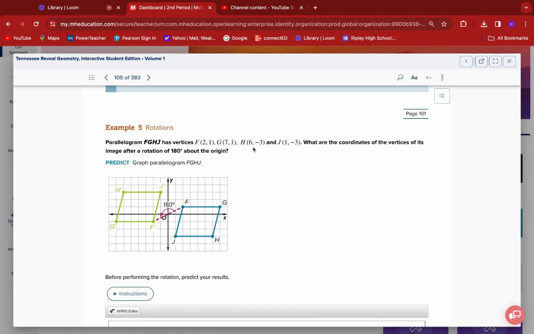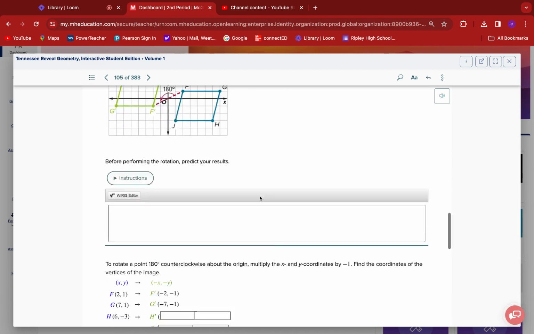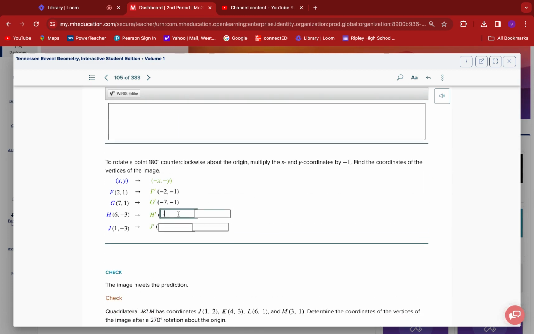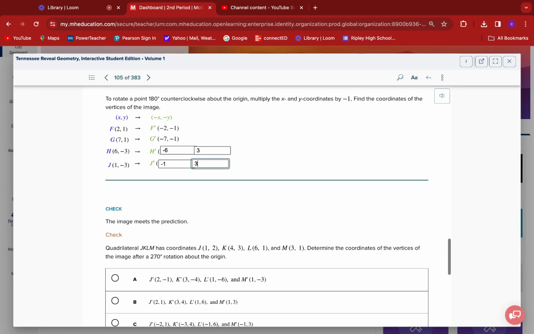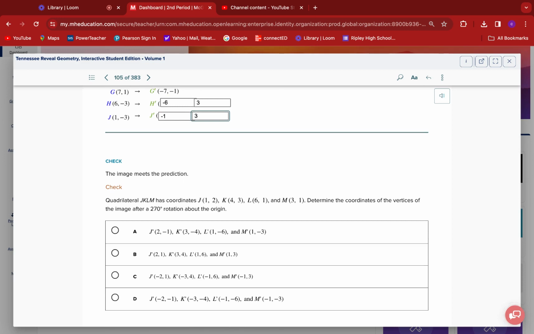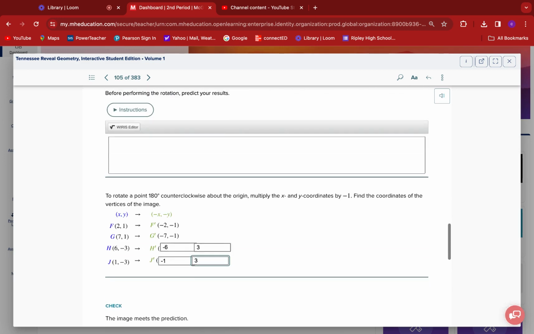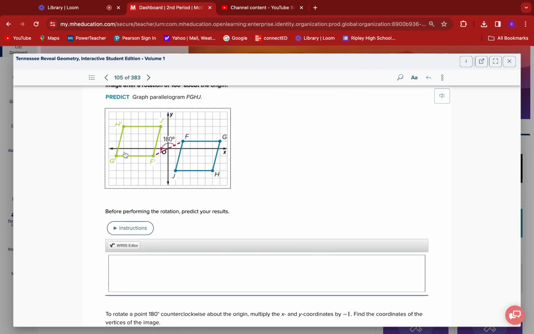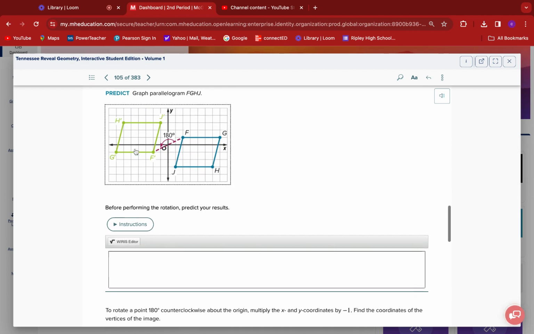Whoop, there it is. All right, 6, -3 becomes -6, +3. Remember, they change signs. And J, which is 1, -3, becomes -1 and +3. All right, so we need to check that. I promise you it's correct. Just look at these ordered pairs right there.